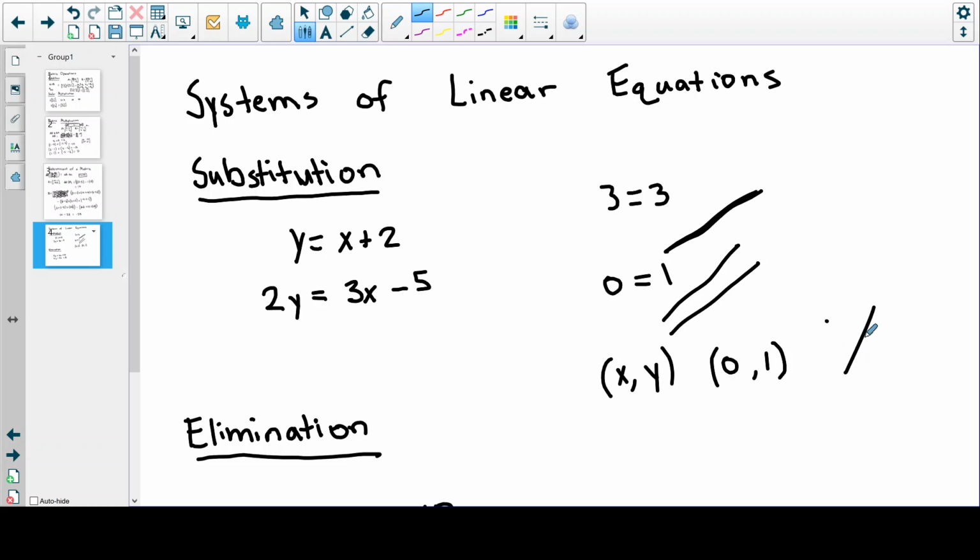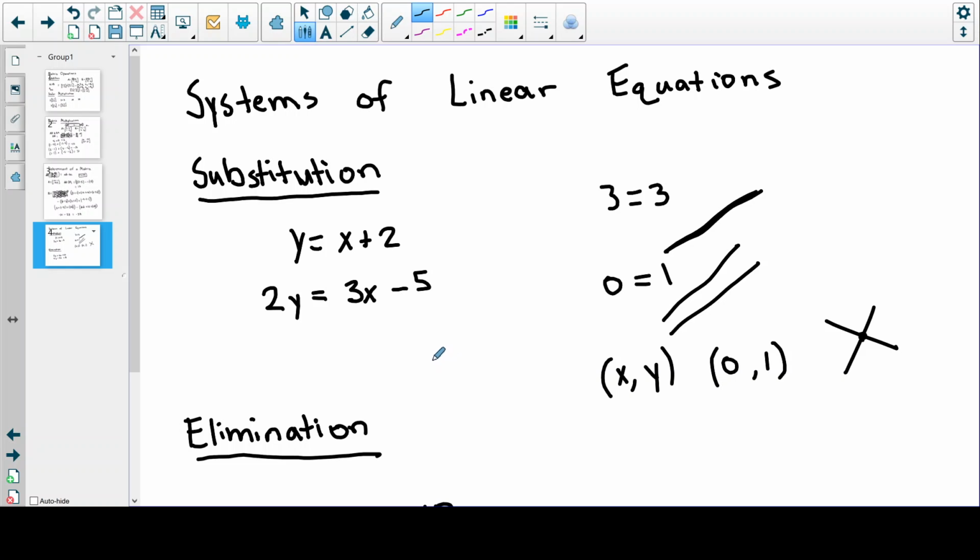So that's basically what you're solving for, an intersection. Those are the three different outputs you can get during these methods.